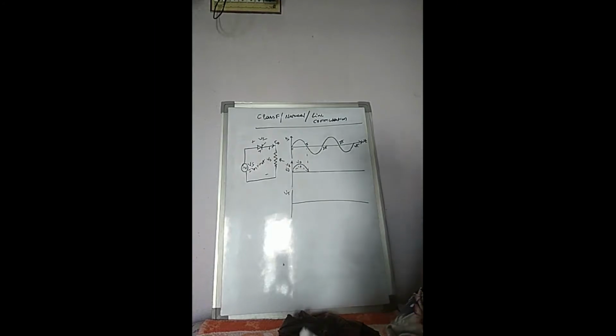It is an open switch, so there is no connection between source and load. That's why no current flows from source to load, and there is no output in the negative half cycle. This is totally zero output. Then again, when the positive half cycle arrives and the gate signal is given, the thyristor is turned on, current flows, and V0 and I0 appear.